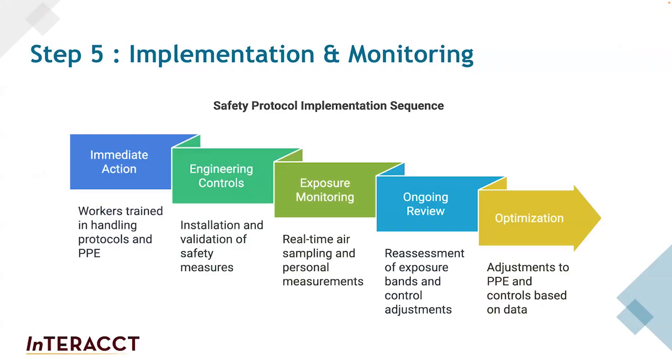Exposure monitoring follows with real-time air sampling and personal measurements to track potential worker exposure. We then move to ongoing review, reassessing exposure bands, and adjusting controls as necessary. Finally, in the optimization phase, PPE and control measures are refined based on collected data, ensuring continuous improvement in worker protection.